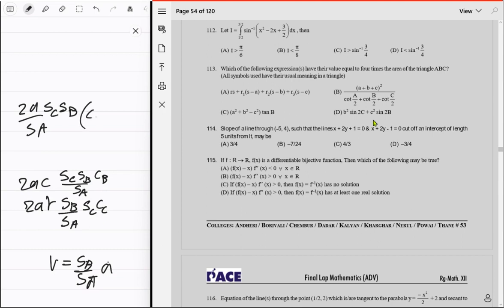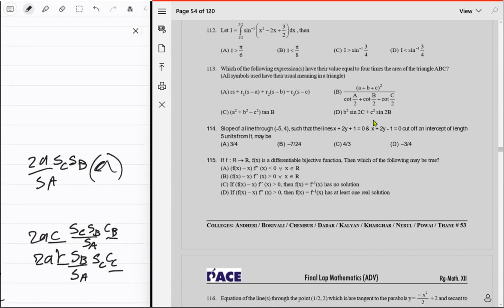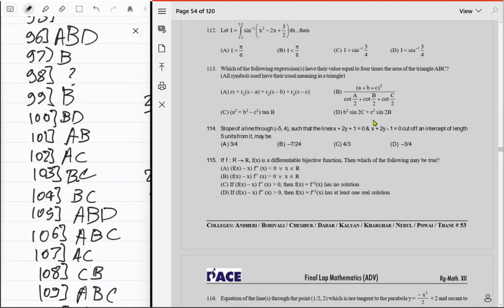Just get c cosine b and b cosine c, right? So b cosine c, that's just right, which is just a. C cosine, you know, the thing is equal to a itself. So that's just that, right? Then a upon sine a times sine b, just b is like 2ab sine c. There you go, just 4 times the area. So d is also correct.